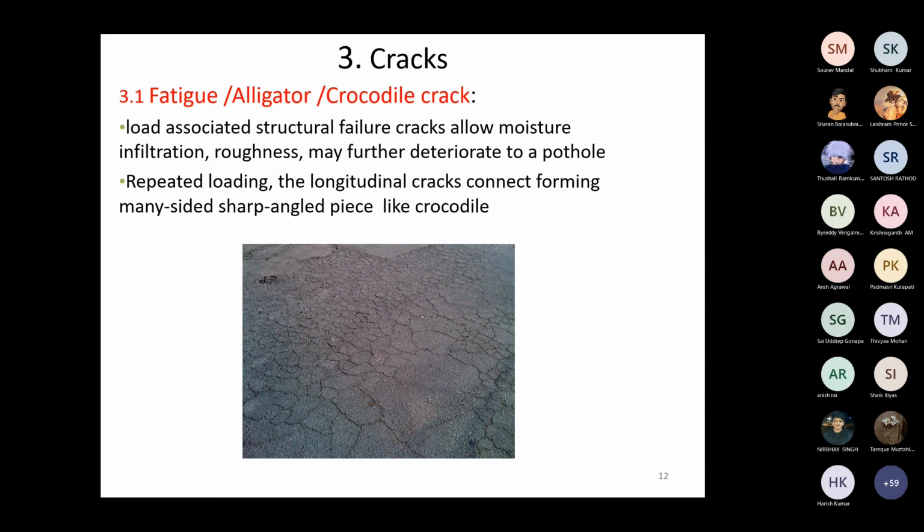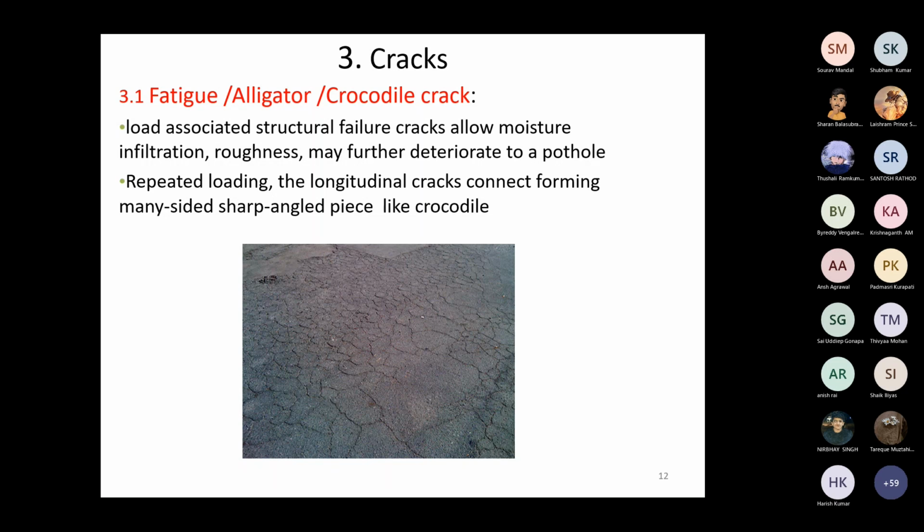Load-associated structural failure cracks allow moisture infiltration, roughness will increase, and it may get worse. If you are not looking at or repairing this, after some time the entire material itself will go. In that case, it will form potholes.